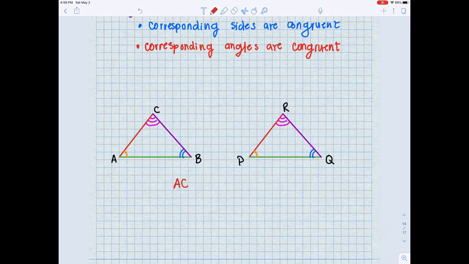Side AC is congruent. You ready for this symbol? We do an equal sign with a little tilde. Let me try that again. Side AC is congruent to what side on triangle PQR? Hopefully you said PR. They are color-coded to help you out. So we say AC is congruent to PR.